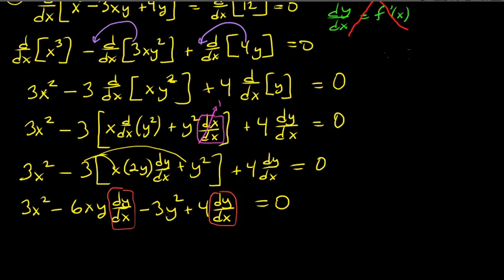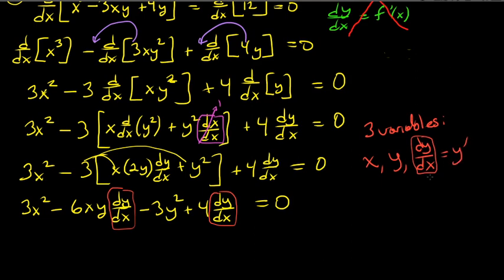So keep in mind now, there's actually 3 variables here, right? There's 3 variables in this equation. What are they? Obviously, there's x, right? There's also a y. And then the third variable is the derivative of y. We're treating that as a separate variable.